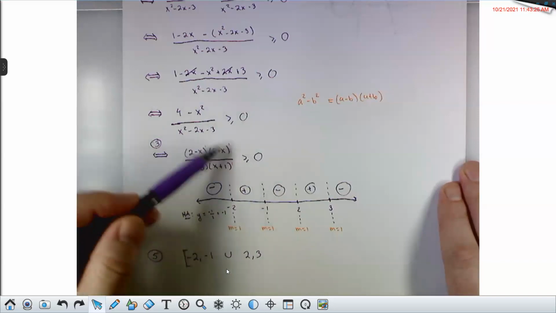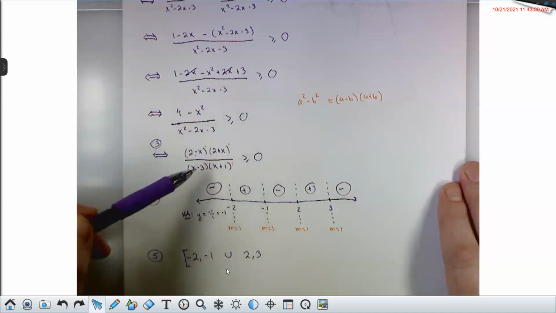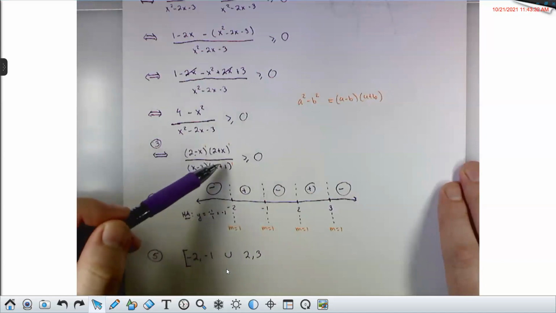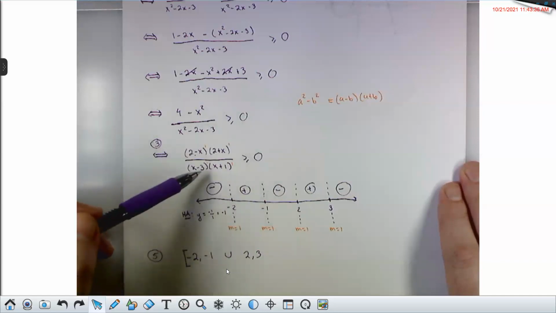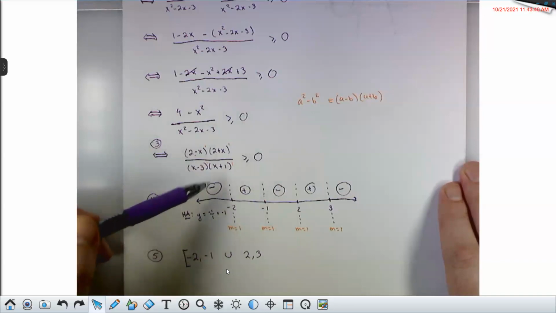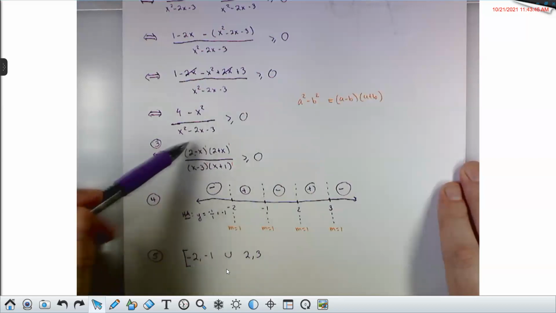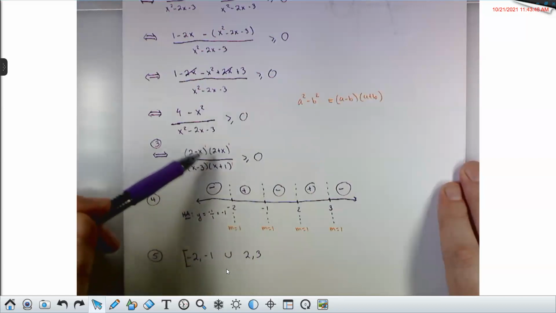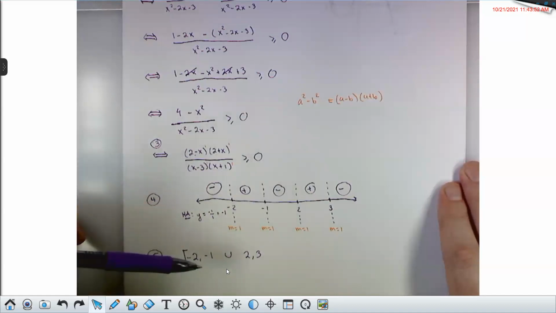If you plug -2 in here, then this piece is -4, this piece is 0, this piece is -5, and this piece is -1. So you'd have -4 times 0 over -5 times -1. That's 0 over 5. And 0 over 5 is 0. So we can include the -2 because when you plug -2 in here, you get 0. And 0 is greater than or equal to 0.